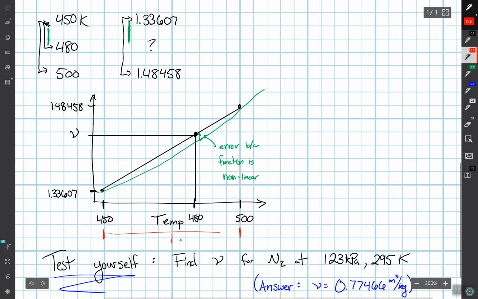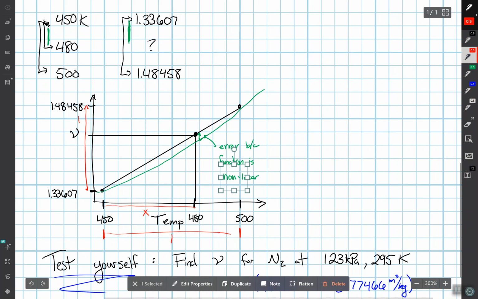So we'll call this distance 1, and that distance there, x. And then if we do the same thing over here, if that dimension is 1, because this is a line, then this dimension here is also x. So it's going to be the same, because we're doing linear things.